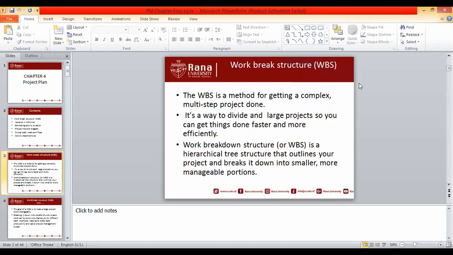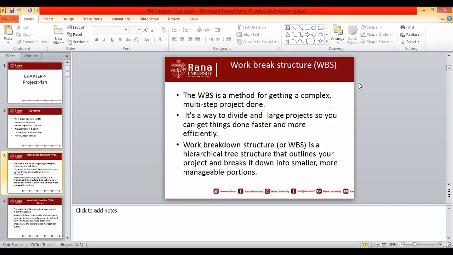So furthermore, I talked about what exactly is work breakdown structure, the work packages, okay? Actually, the process of dividing the complex activity into smaller activities is known as decomposition.